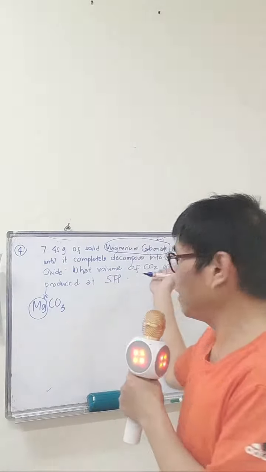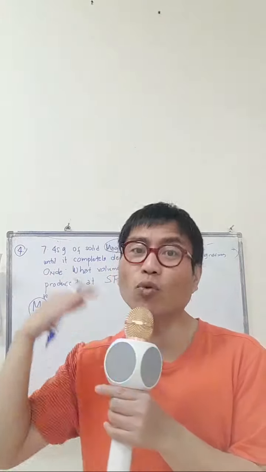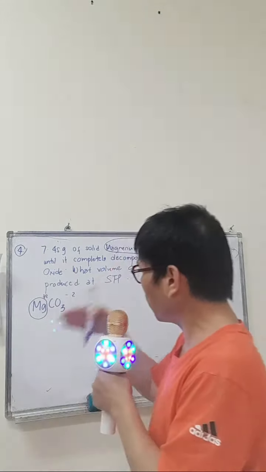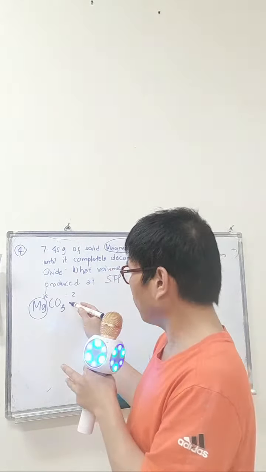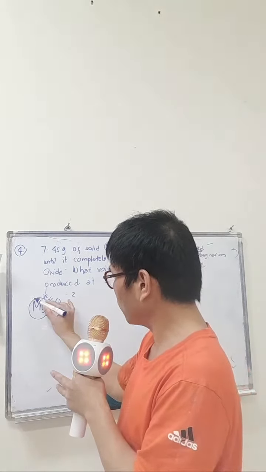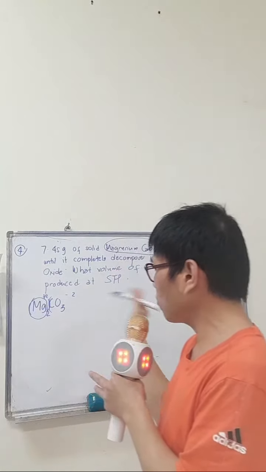Because the chemical formula is not given. In case a chemical formula is given, you don't have to worry. So, -2. Using the crisscross theory, the charge of carbonate will go to the magnesium side and become positive, of course, it will transpose there.